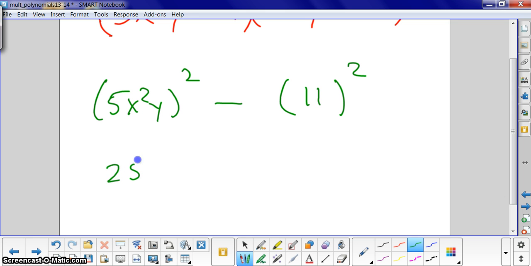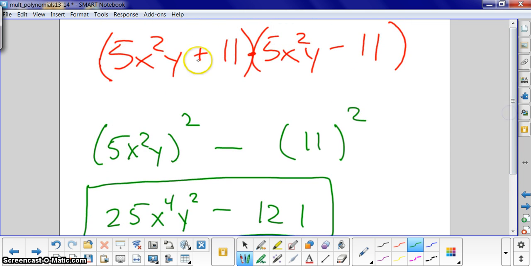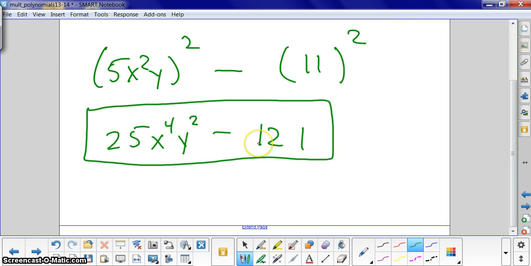So this is 25, because that's 5 squared. x squared squared is x to the fourth. y squared is y squared. Minus, and then we all know 11 squared is 121. So here is my final answer using the pattern for the sum and difference of the same two terms. It equals the first term squared minus the second term squared. Clean it up and write it as a final answer.